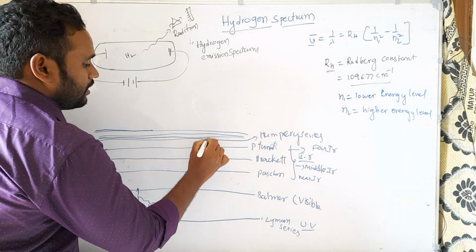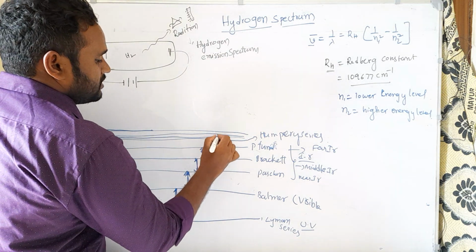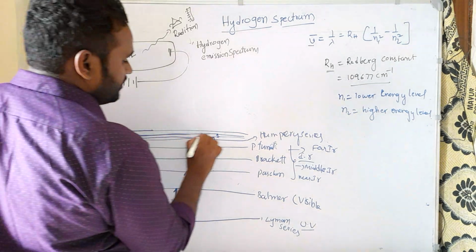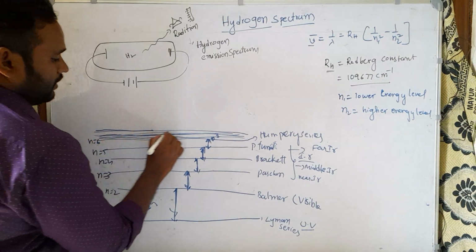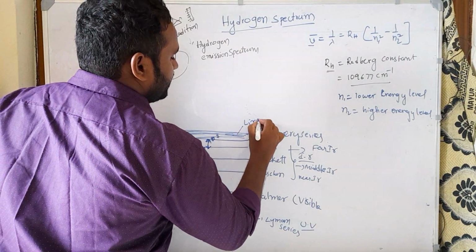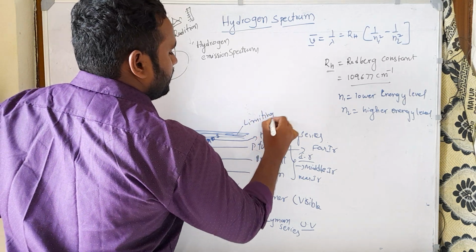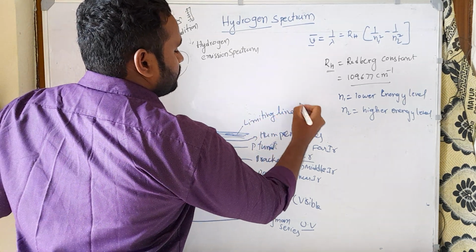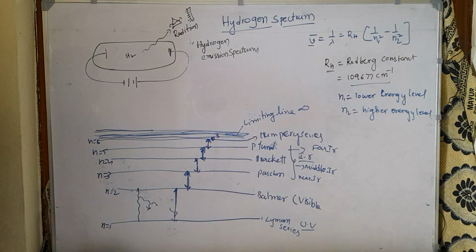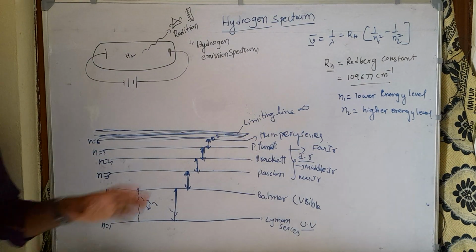Likewise, when you go to higher energy levels, the distance keeps decreasing. Finally the lines merge with one another, and we get lines like this. This is called the limiting line, indicated with alpha. So this is about the different lines in the hydrogen spectrum.